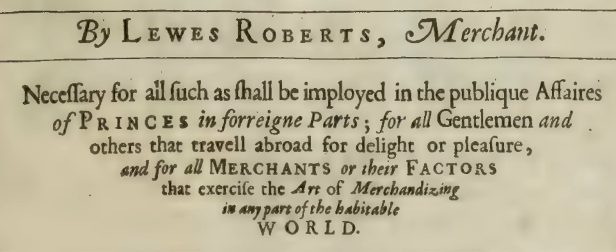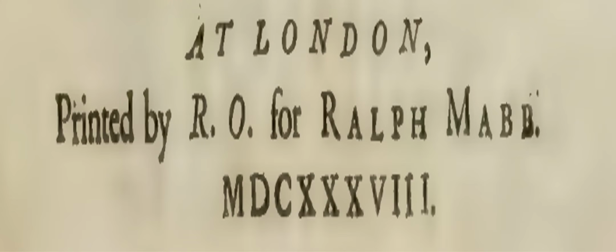And so this book was to provide these princes and these royal entities information about trade. And it was also to facilitate the trade of these various merchants around the world related to the habitable parts of the world. And we see here that it is printed in London.